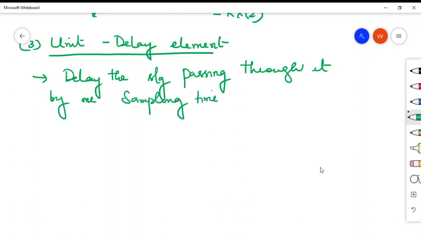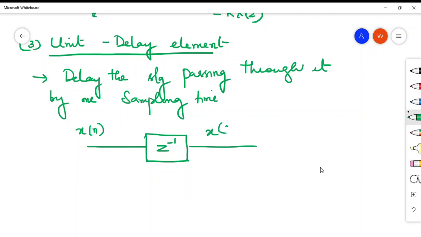Now, delay is normally represented as a block containing z inverse. So if your time domain signal x of n is passed through this delay element, what we are supposed to obtain at the output is x of n minus 1.